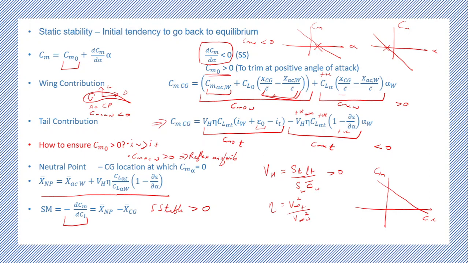What will it be? So will the static stability increase or reduce? Okay. If the value of Cm naught changes, how does it affect stability?